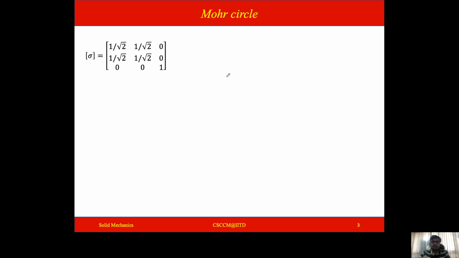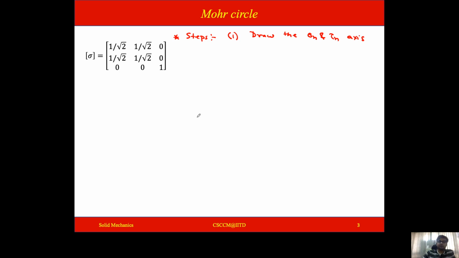So let me clear it up, and then let me draw the Mohr circle. So the first step is, I will write the steps here and also draw the circle. So what is the first step?